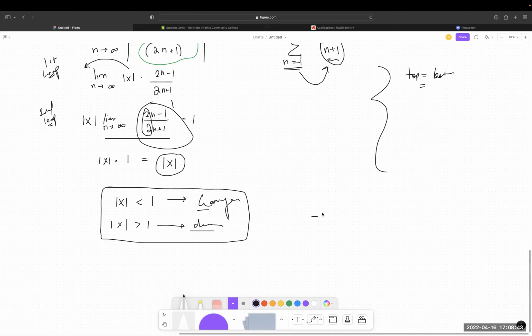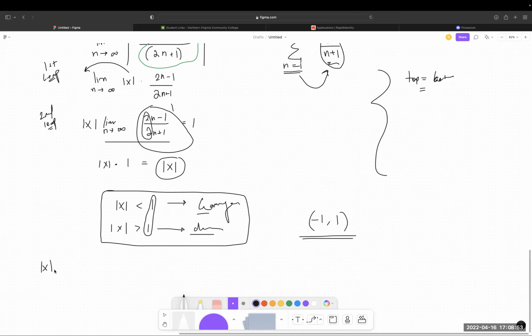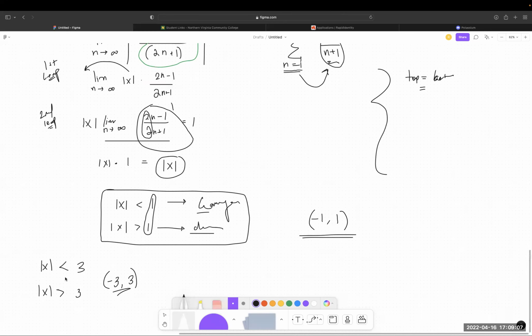And the interval is from -1 to 1. We just take these endpoints here and plot them like this. So if the absolute value were, let's say, less than 3, then we'd say the interval that satisfies this is -3 to 3. And so that's really the idea.